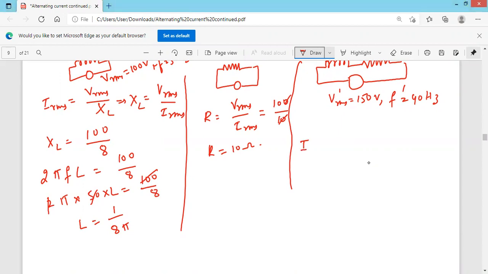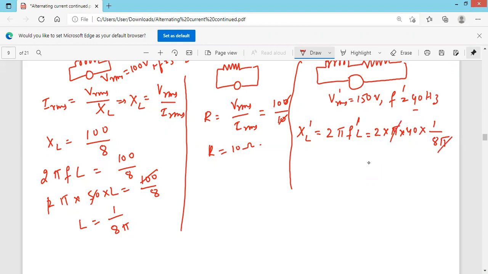To calculate IRMS, first calculate the inductive reactance, because of the change in frequency. So the inductive reactance XL dash is equal to 2 pi F dash L, which is 2 pi into 40 into L, with L equal to 1 by 8 pi.